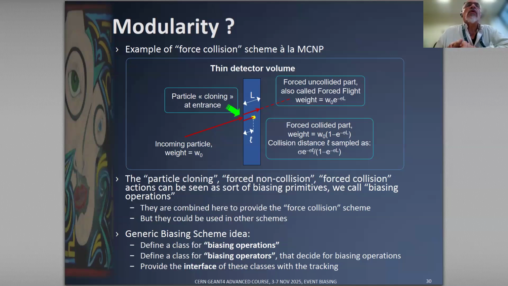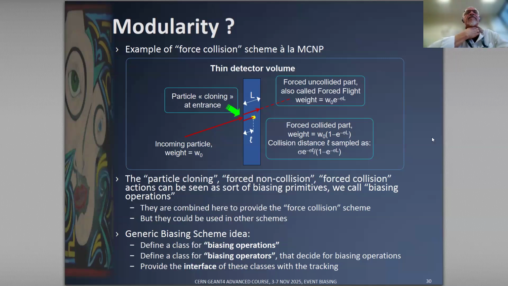The idea is to consider these as biasing primitives, which we call biasing operations, and then combine them to provide the biasing scheme. These biasing operations are splitting and force interaction, and they are combined in a so-called biasing operator, which handles whatever operations it needs to implement a biasing scheme.